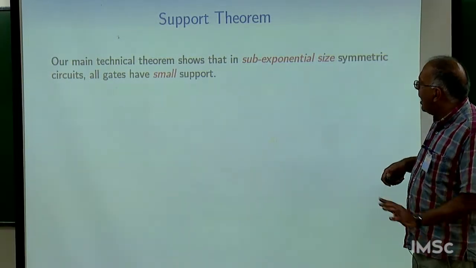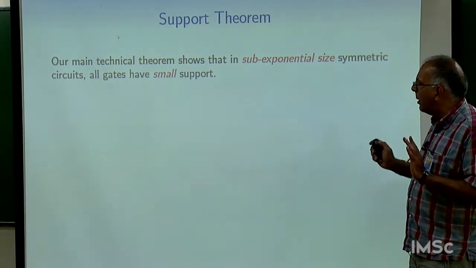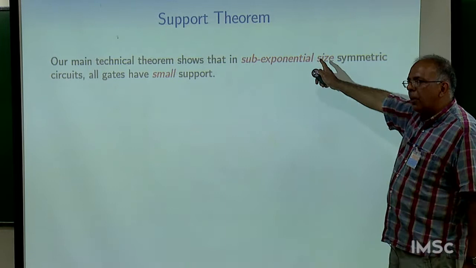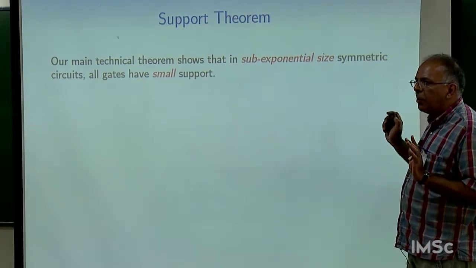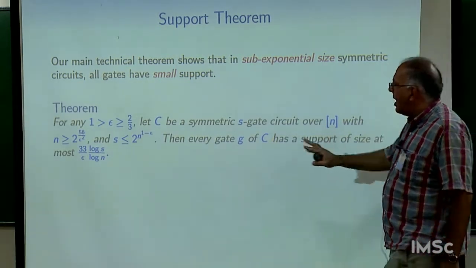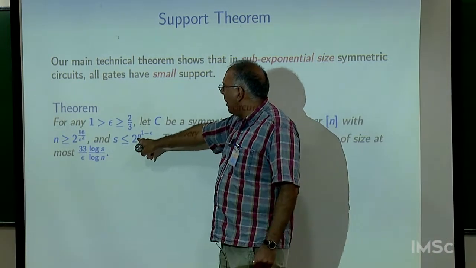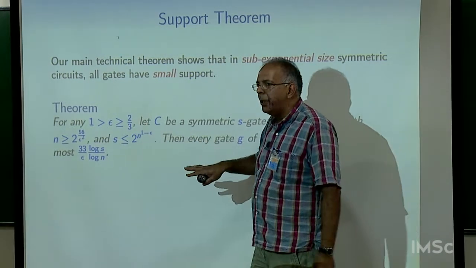Here I'll give you now the main technical statement. It's more technical than we need because we prove it not just for polynomial size, we prove it for sub-exponential size. We show that all gates have small support. What does small mean? We prove it for essentially anything up to size about 2 to the n to the epsilon, where epsilon is somewhere between 2/3 and 1/3.